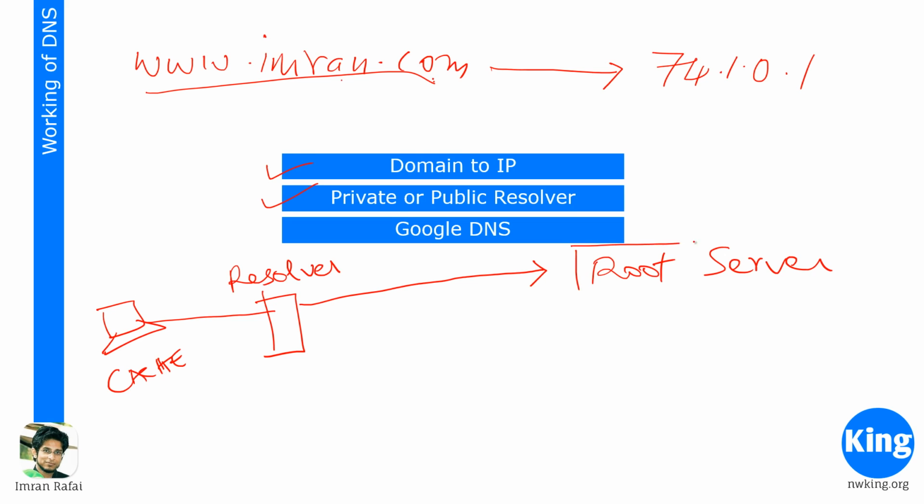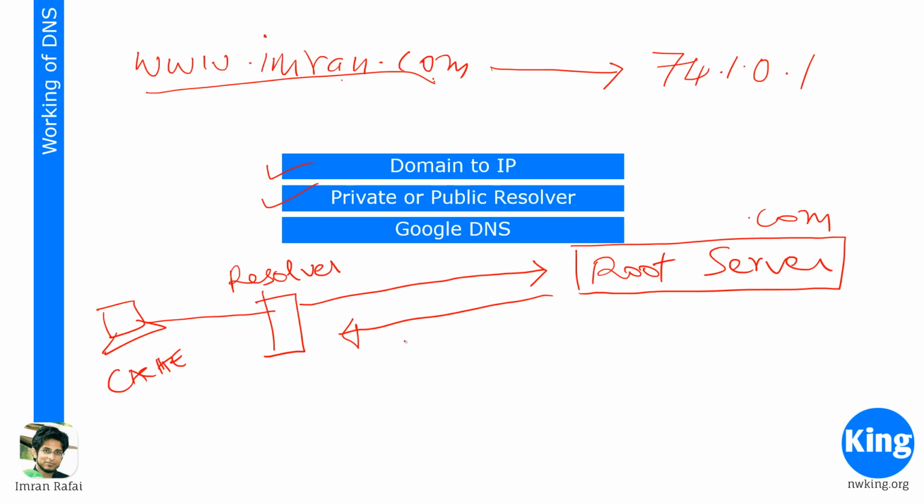It will say, okay, fine, I don't know what imran.com is, but I can tell you where you can find information regarding .com, or I can give you the TLD server information for .com. TLD is nothing but top level domain, right? So the top level domain server for .com is accessible at this IP address.